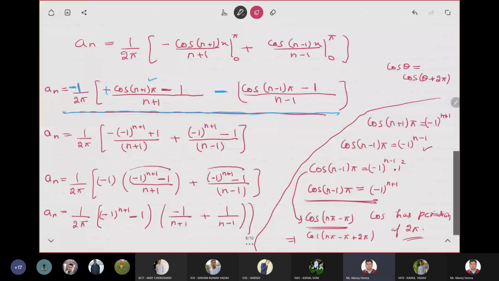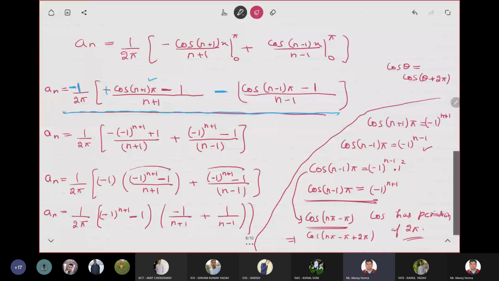Now I can see this will be plus, and this will be a minus, and this will be a minus again. Okay. And if I take out the common, the second step I think we can skip.